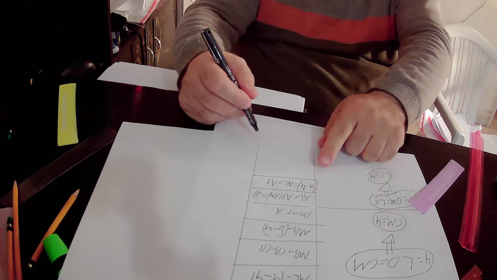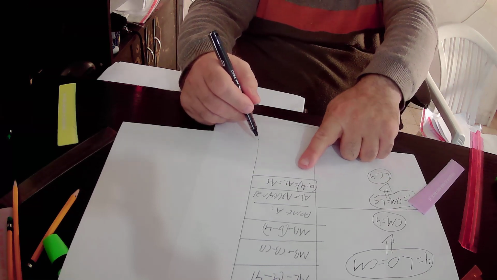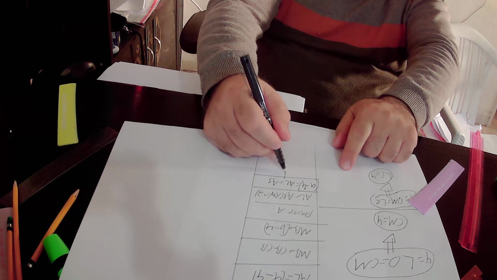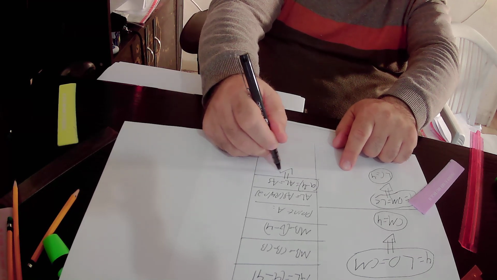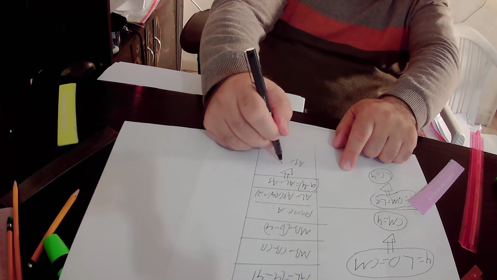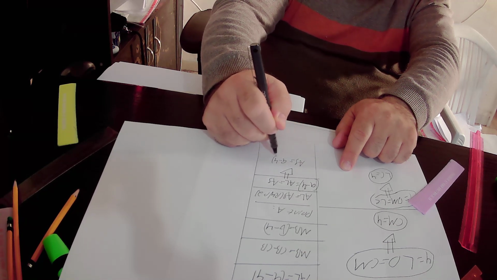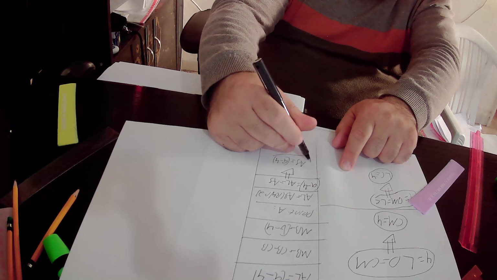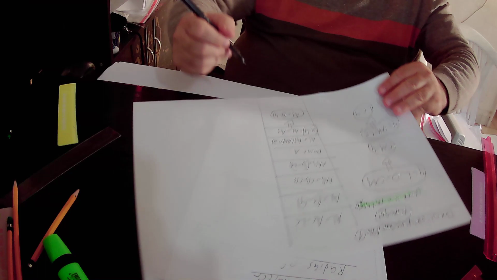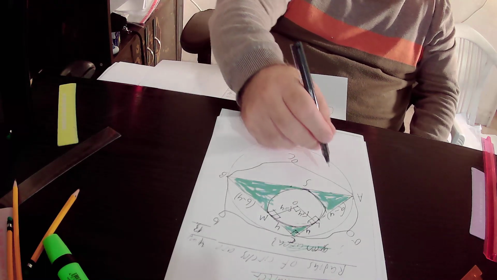And from this equation, A minus 4 equals AL equals AS, we derive that AS is also equal to A minus 4.